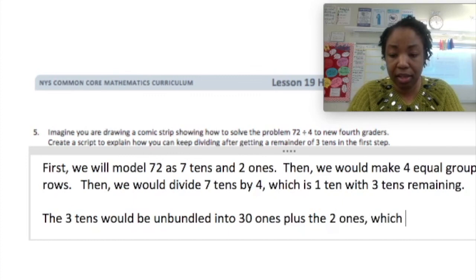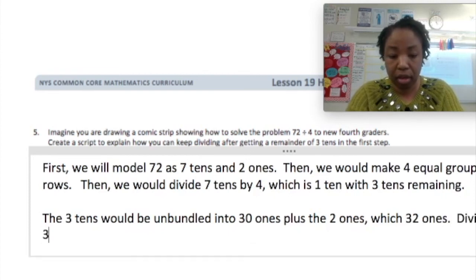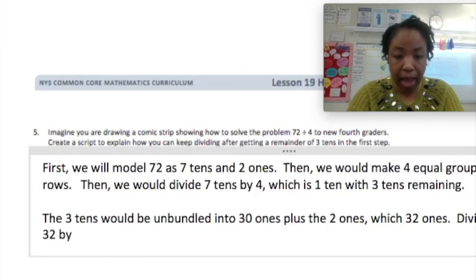And that is 32 ones. You would divide 32 by 4. And 32 divided by 4 is 8 ones.